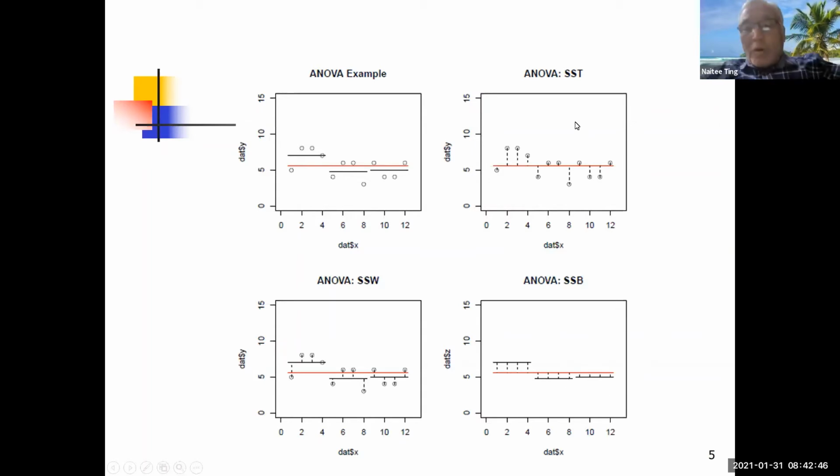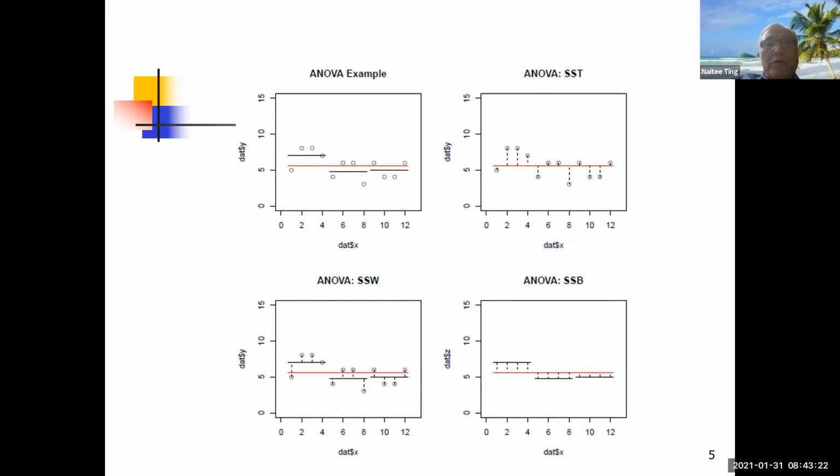So what you're doing is essentially breaking down the total sum square into the within sum square and the between sum square. For the two-sample t-test, it was the same thing. You're breaking down into a between sum square and a within sum square. But the t-test is on the linear level, whereas the f-test is on the square level, the quadratic level.